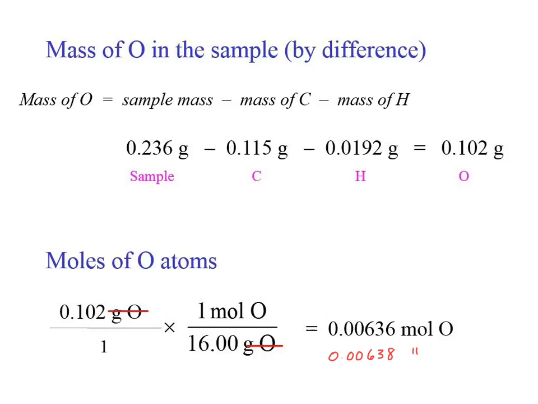So I'm going to go ahead and finish this thought up here then. I'm going to make another column. I'm going to divide by the fewest, which looks like it's 0.00636. And when you take 0.00957, I get 1.50.